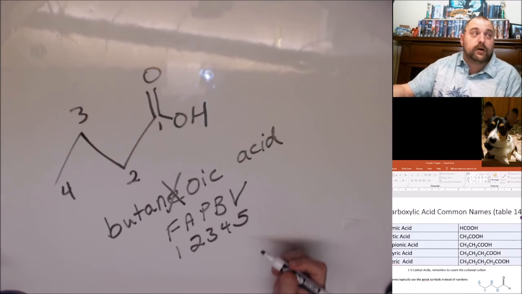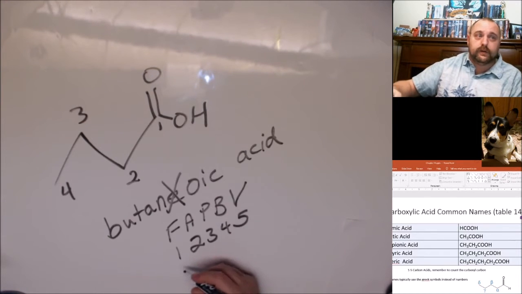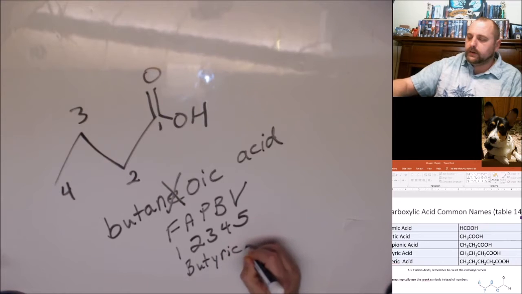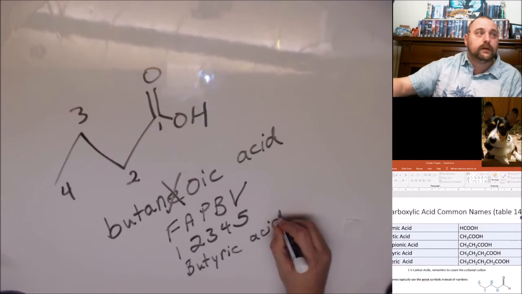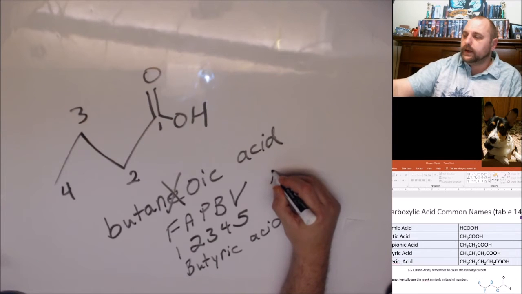So we're just going to tell how many carbons are in it. This one had 4 carbons. It'll be B, and so that is butyric acid.